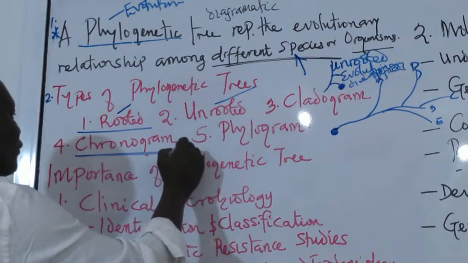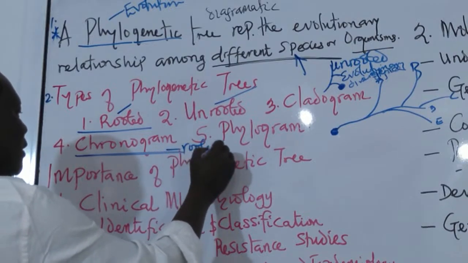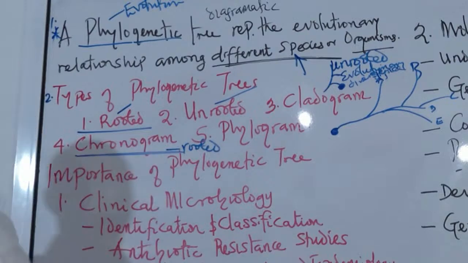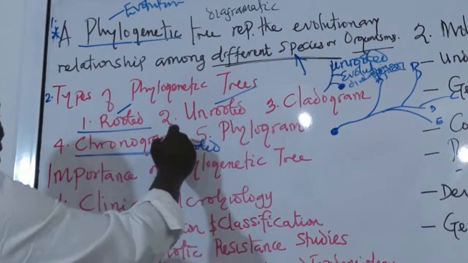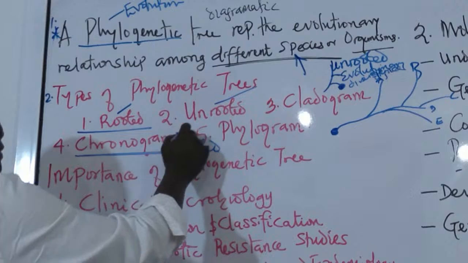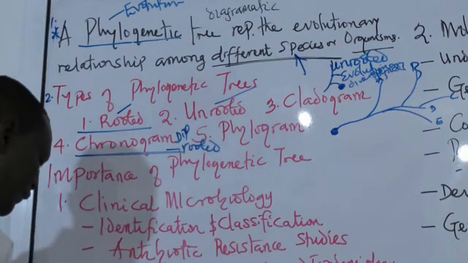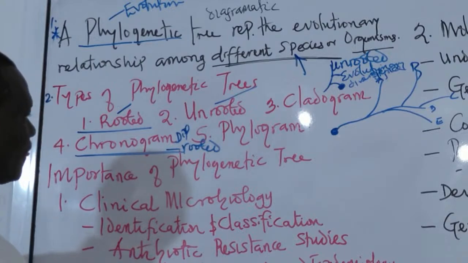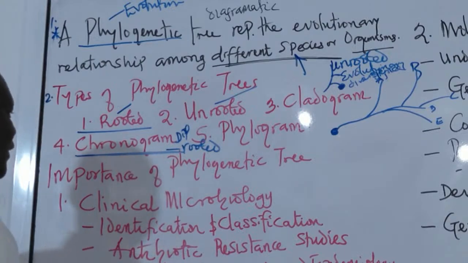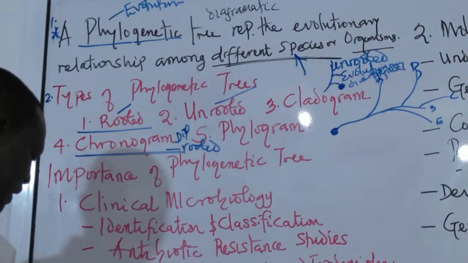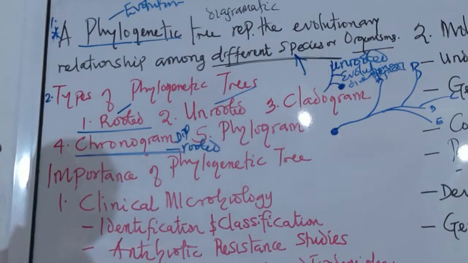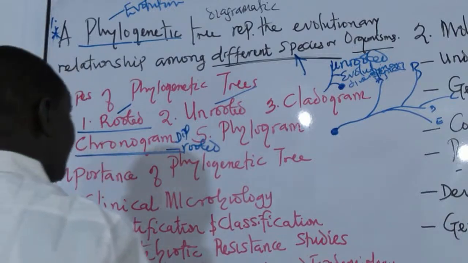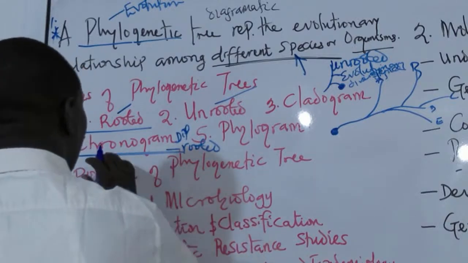Chronogram is rooted, unlike cladogram that is not rooted. This one is rooted, and that is also talking about the degree of divergence. In terms of time, there's no specific time in terms of their evolutionary differences. Okay, so that is that about chronogram.